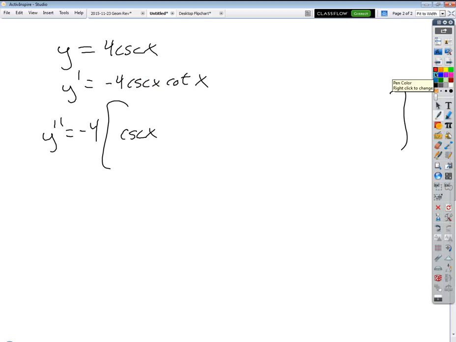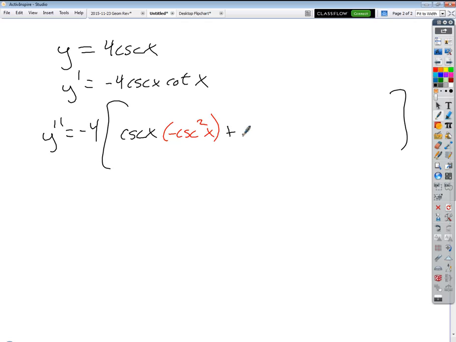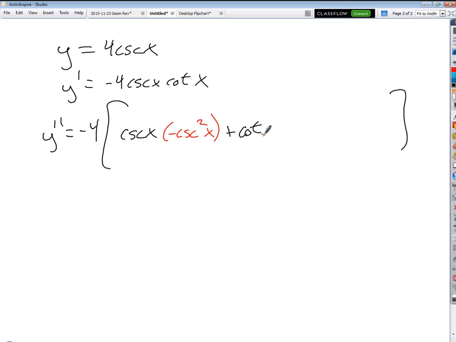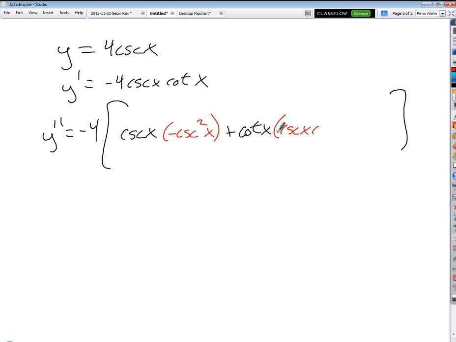What's the derivative of cotangent? Good. Negative cosecant squared, plus the second times the derivative of the first, which we already did: cotangent x times negative cosecant x cotangent x, right?